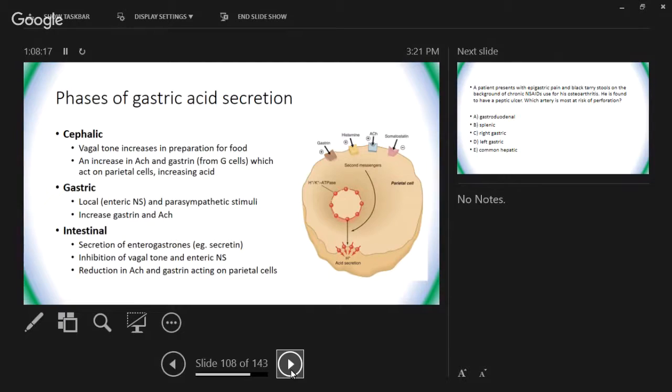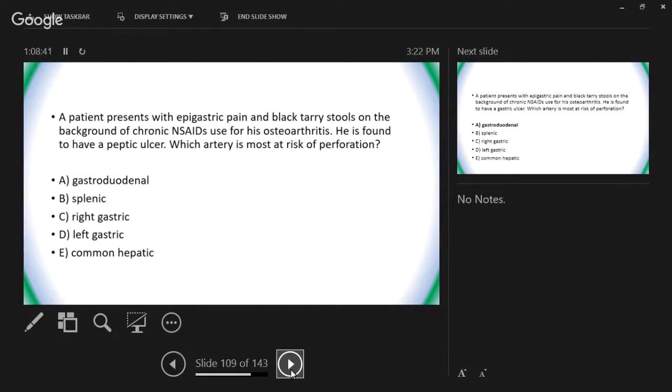And then when it moves on to your intestines, you get feedback going back to the stomach saying, look, it's already passed through the stomach, so just kill that a bit. That reduces secretion of gastric acid and inhibits the vagal tone to the stomach. Does that make sense? I don't know why that picture's there. I think I put that on the wrong slide as well. That's okay.